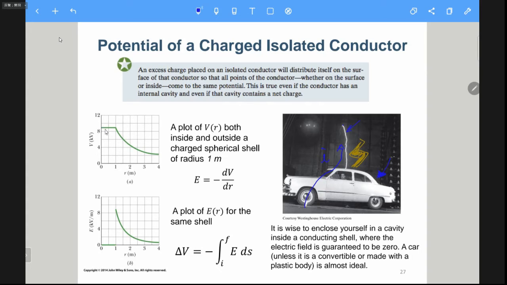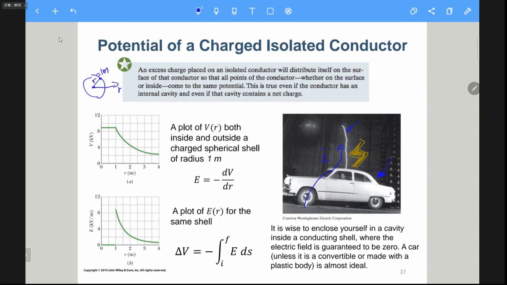So as you can see here, the voltage, or I mean the electric potential. So this is like a spherical shell, and this is maybe our axis here, from the center to there, and this is R equals 1 meter for this point.